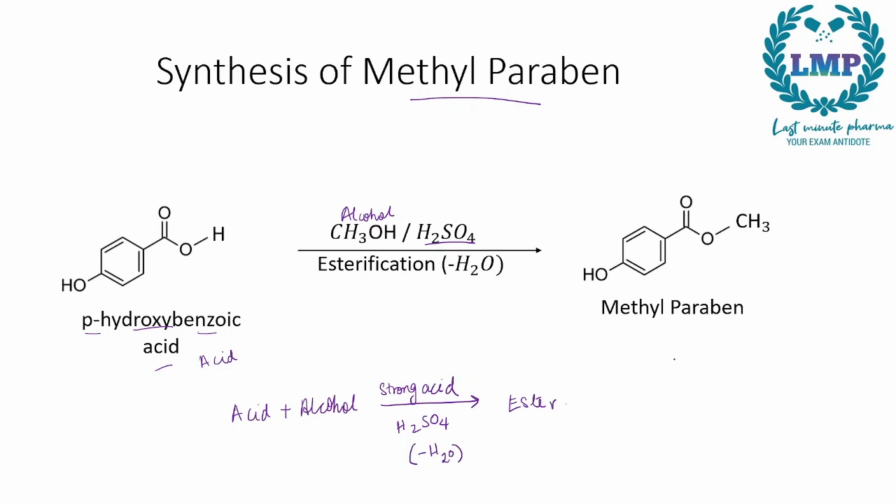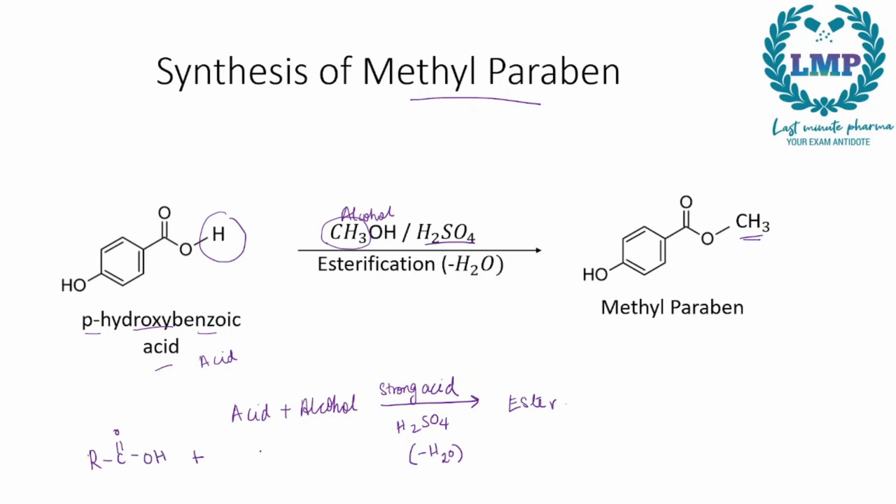So what we got over here is methyl paraben. So this H group will be replaced with this CH3 group. So we will get this one over here. Now let us see how we get acid plus alcohol in the presence of strong acid gives ester. We have acid, that is R, C double bond O, OH.